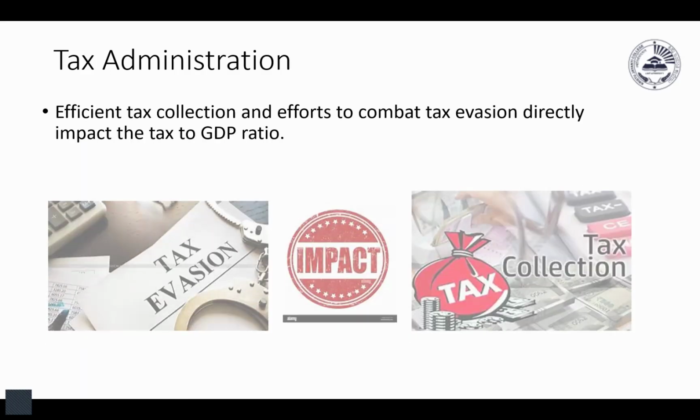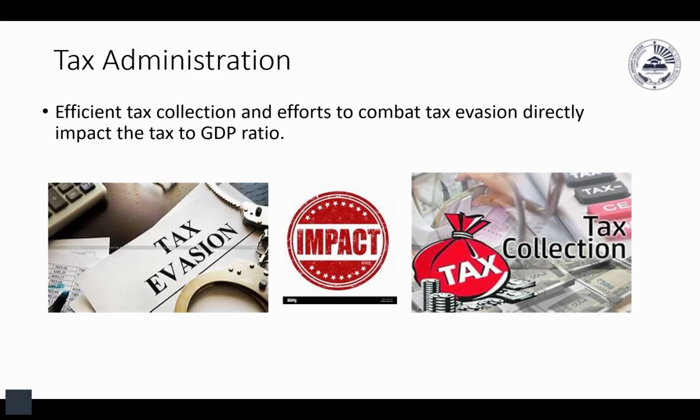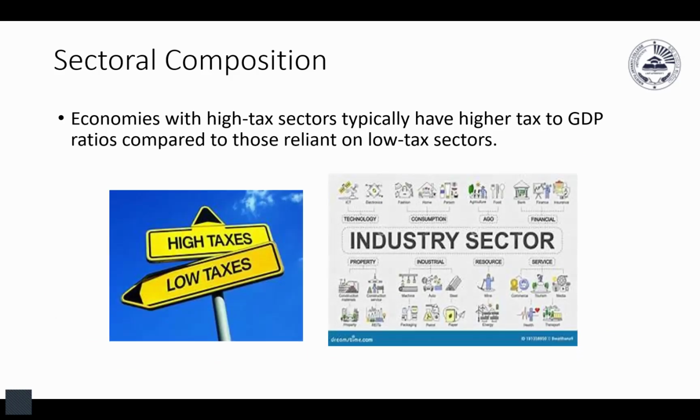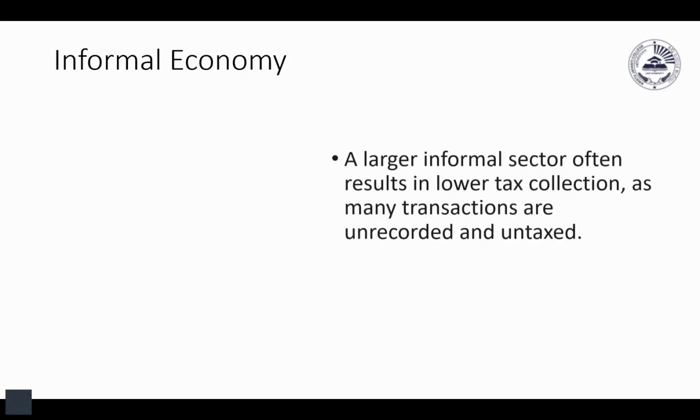The next factor is tax administration. Efficient tax collection and efforts to combat tax evasion directly impact the tax to GDP ratio. Also, the sectoral composition. Economies with high tax sectors typically have a higher tax to GDP ratio compared to those reliant on low tax sectors.